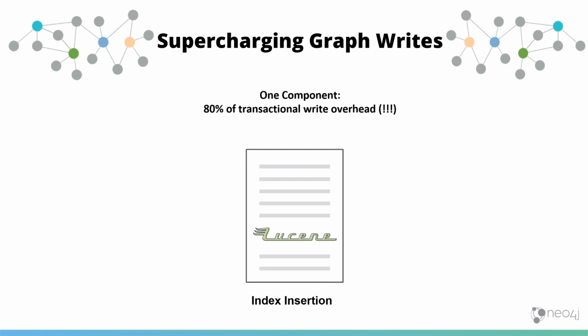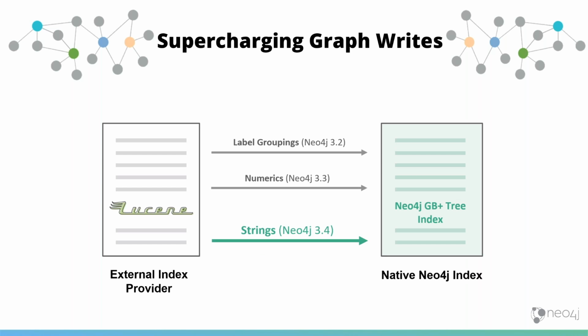To address that, we've gone through a number of exercises to improve the indexing mechanisms within Neo4j. The first was label groupings in 3.2. Then there was building native indexes for numeric items in 3.3, and now we're covering strings in 3.4. So now that we have native indexes for strings and numerics, composite indexes are very likely the next set of items that we'll be building native indexes for.